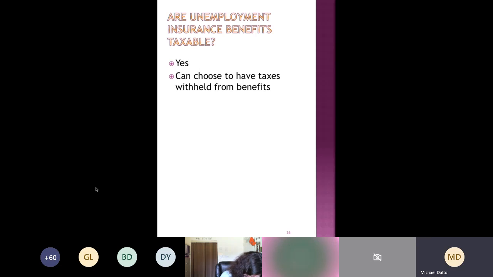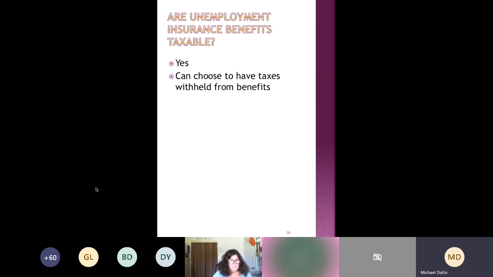But what happens if they don't have taxes taken out of their unemployment benefits? Well, at the end of the year, they may end up with a big tax bill that they can't afford, especially if they've spent all the unemployment benefits they've received.